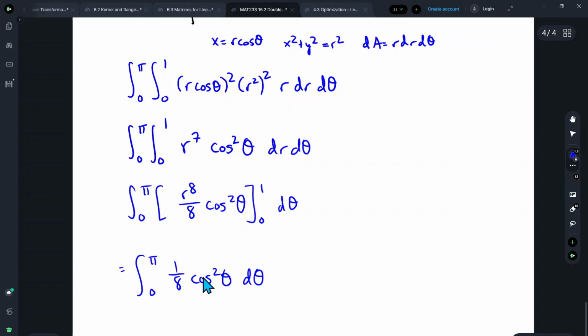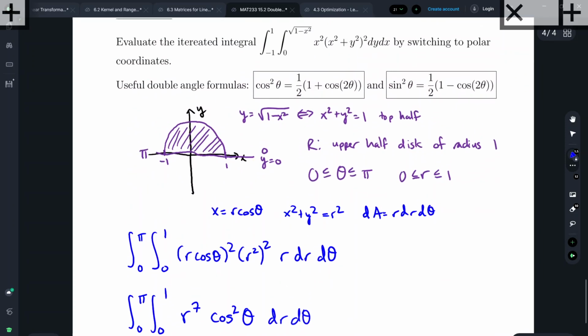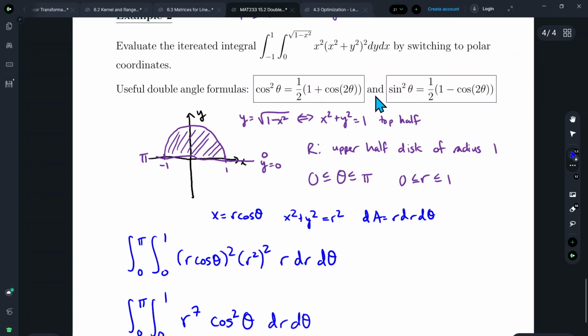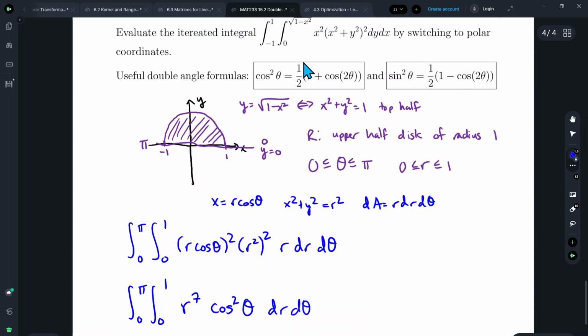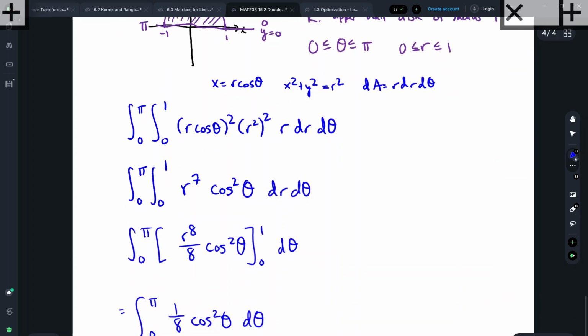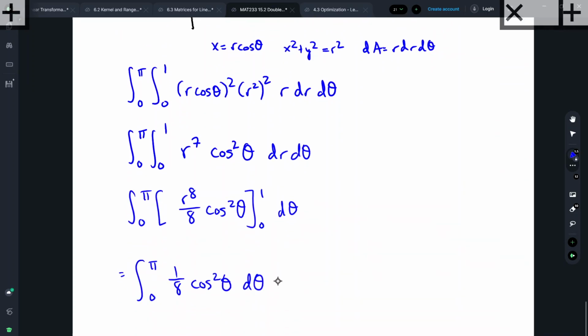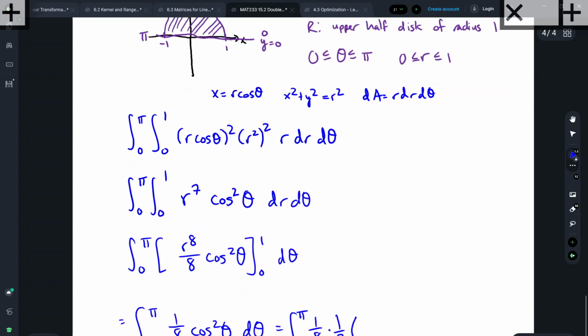And okay, so here a helpful reminder: when you encounter integrals with cosine squared or sine squared, we can use the double angle formula. So we have cosine squared in this case. So we use this formula, and so we have the integral from 0 to pi of 1/8 times 1/2. Again, what do we have?